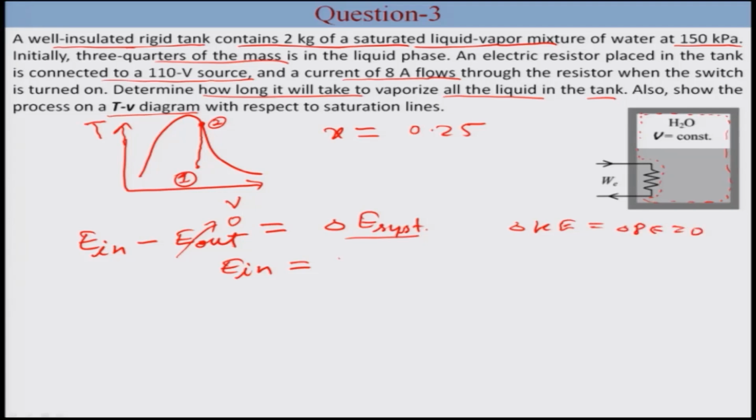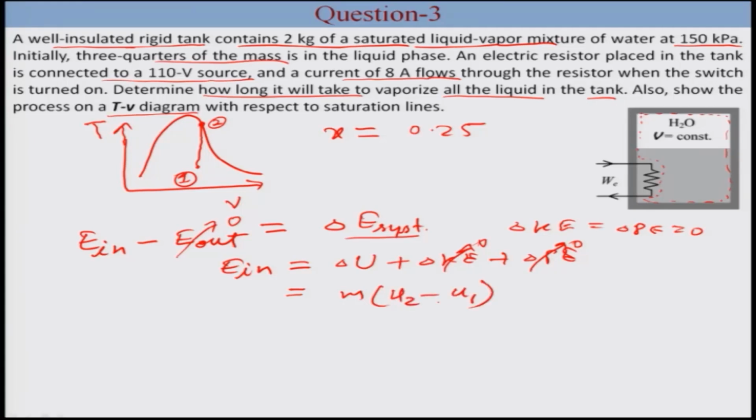Delta E system is nothing but change in internal energy plus KE plus PE, so these parts are 0. Only internal energy of the system will change, which is mass times change in specific internal energy.